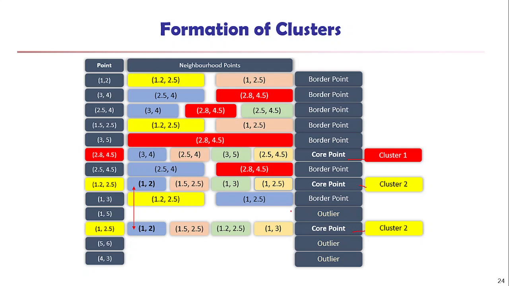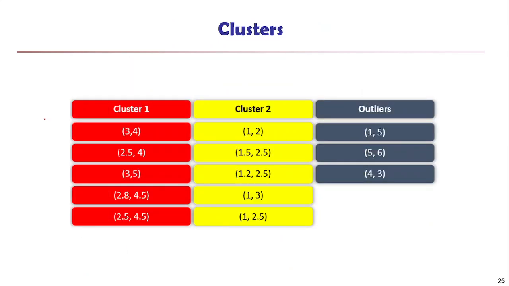But then we have some points which are not part of the neighborhood of any core point, and thus they are not border points. They are outliers. Like this, we have three outliers, right? So finally, I can answer. I have two clusters having 5 points in each of them, and we have 1, 2, 3 outliers. Two clusters and three outliers. That will be my answer.